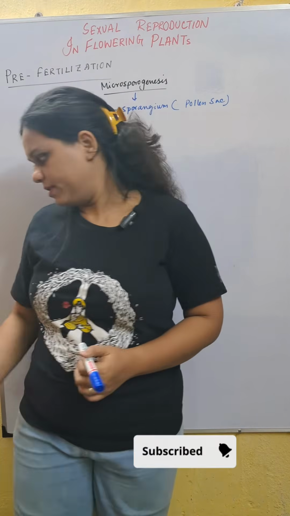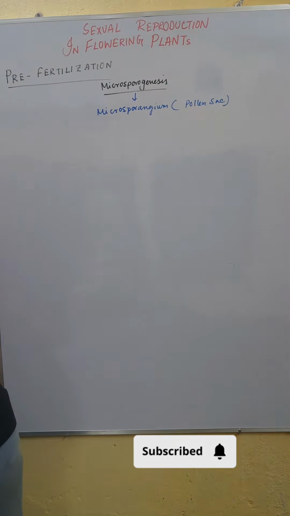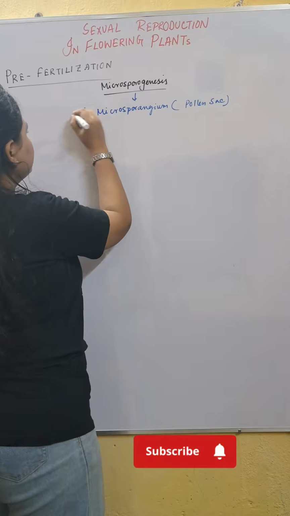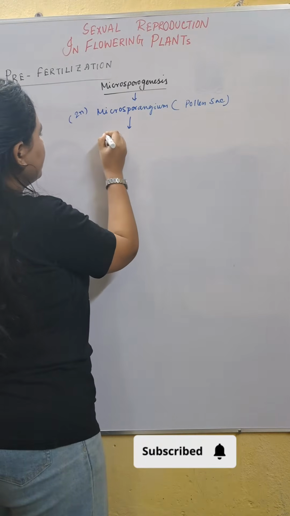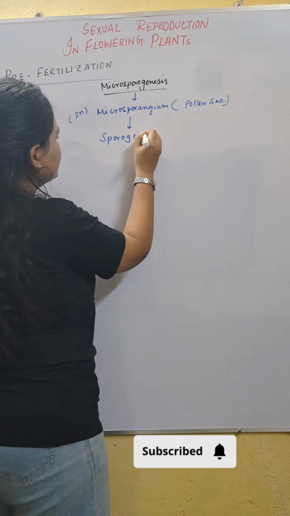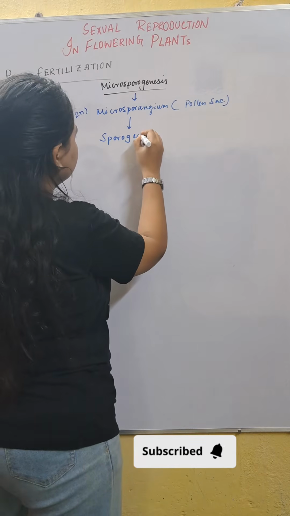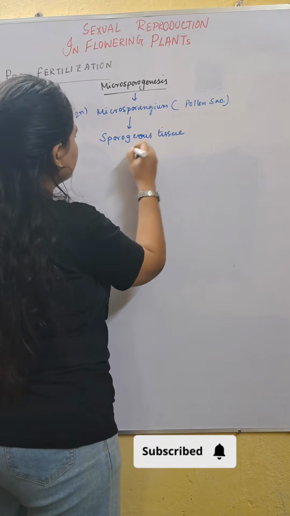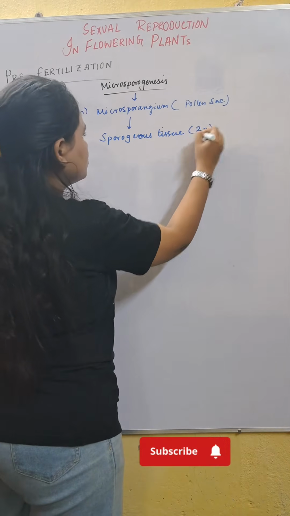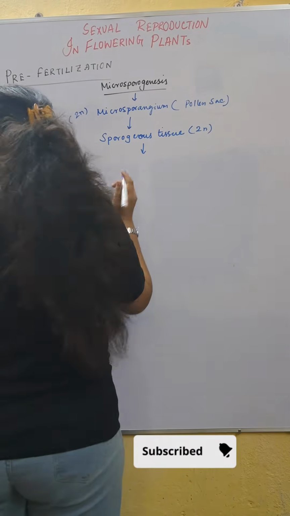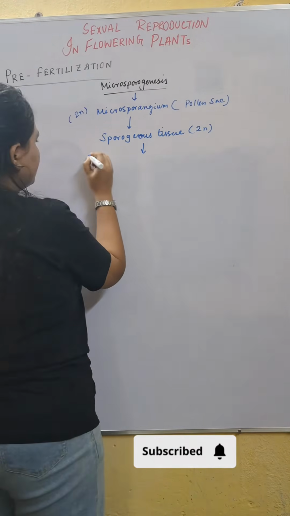Now let's understand. It is 2N, as I said. It has some special tissue which is known as sporogenous tissue. This sporogenous tissue is also diploid. Sporogenous tissue contains pollen mother cells.